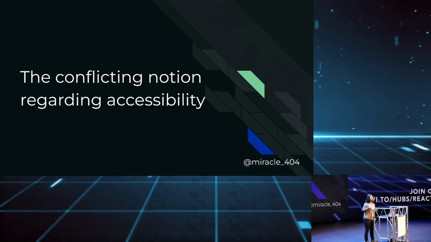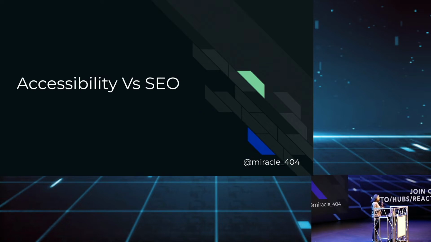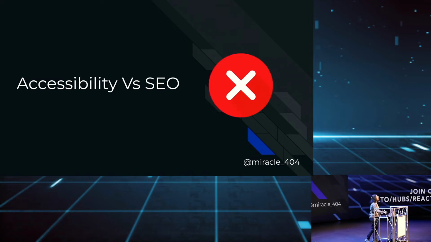It's going to pull us down and we won't achieve our task in time. It's not like that. The problem is that whenever we think in terms of versus, like accessibility versus SEO, it's a totally wrong notion, literally wrong notion.